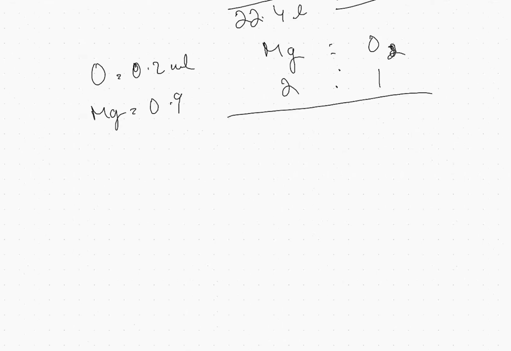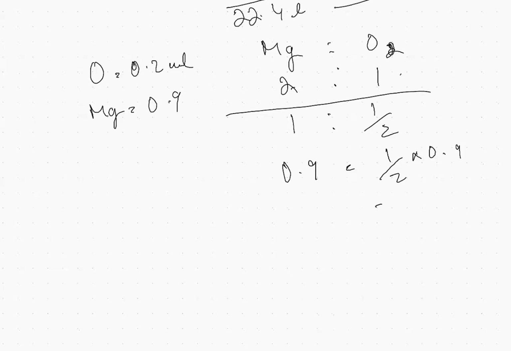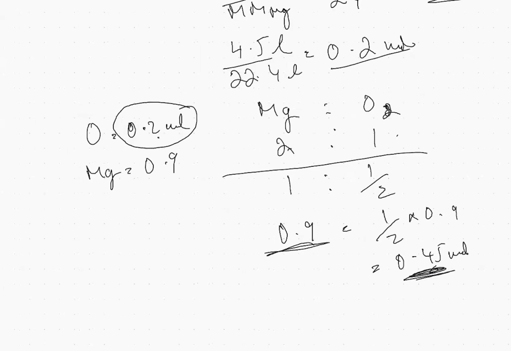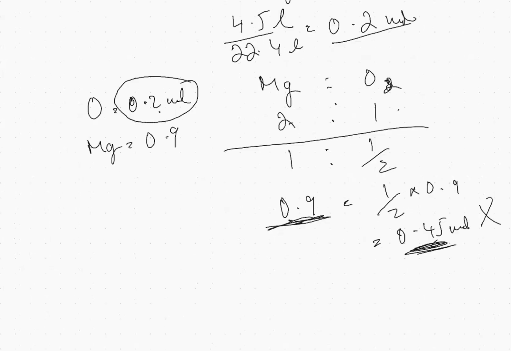Then if it is 0.9, you get only half of that, 0.45 moles. So if we use all the magnesium, we need 0.45 oxygen. We have only 0.2. So it's not going to work.